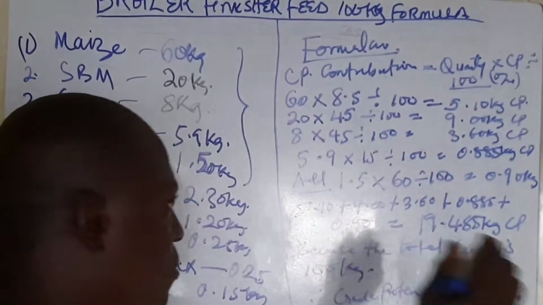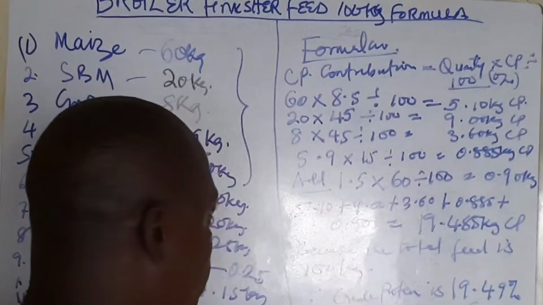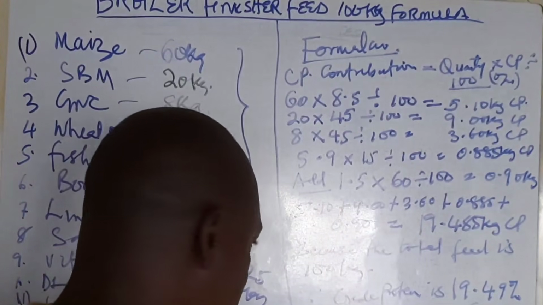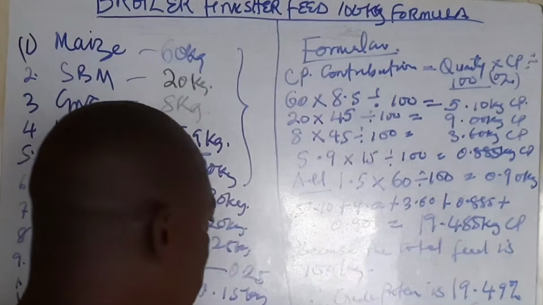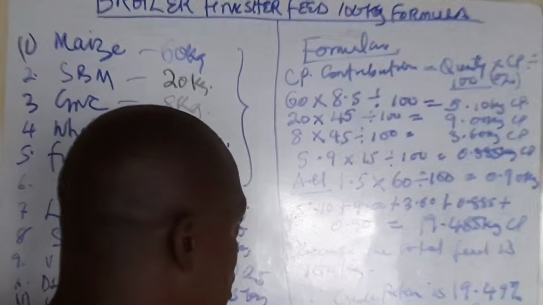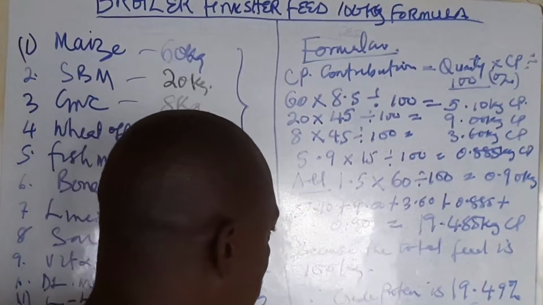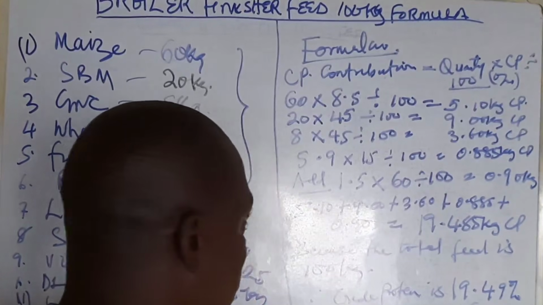Now, the analysis of this will give you CP. My pen is disappointing me. CP equals 19.49%.